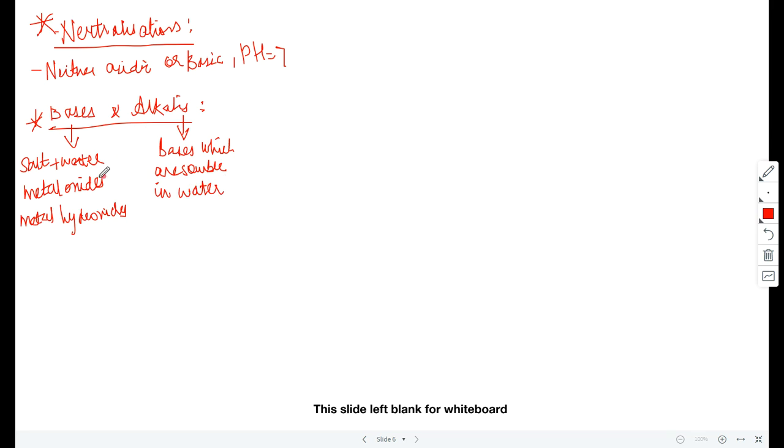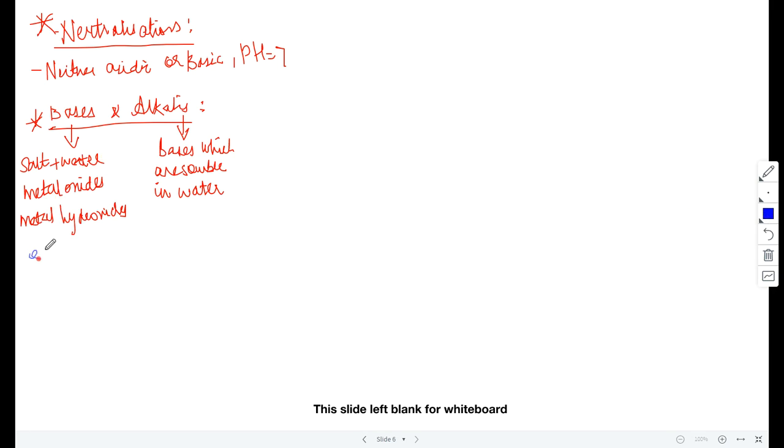Basically they are somewhat the same, but alkalis are the bases which are soluble in water, and bases react with acids to form salt and water. We'll see one example, then you will understand better.